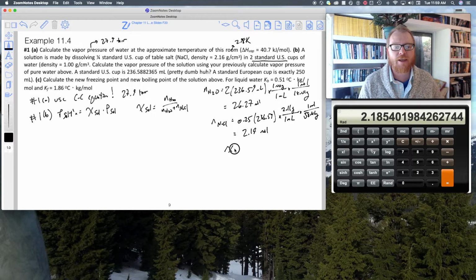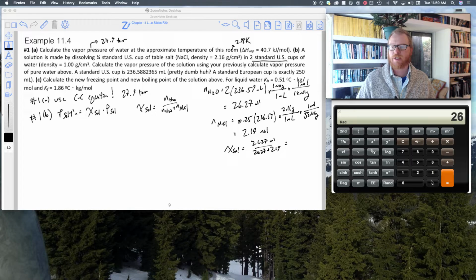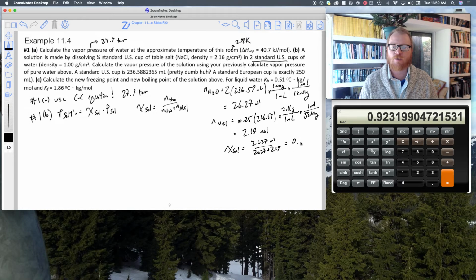So very quickly here, chi solvent, so the mole fraction of H2O is 26.27 moles over 26.27 plus 2.19. So I'm going to leave that in the calculator, and that sounds about right, 0.923 is the mole fraction.